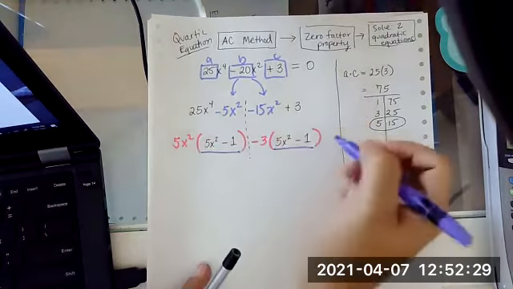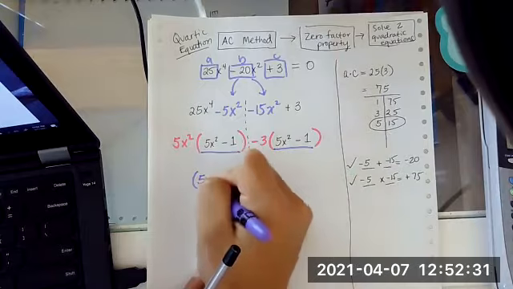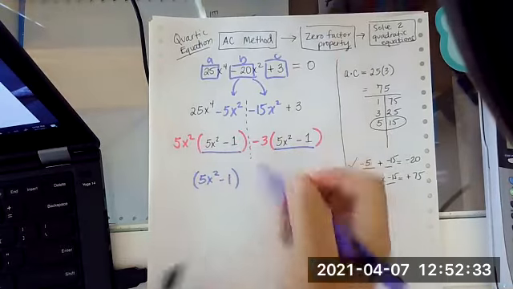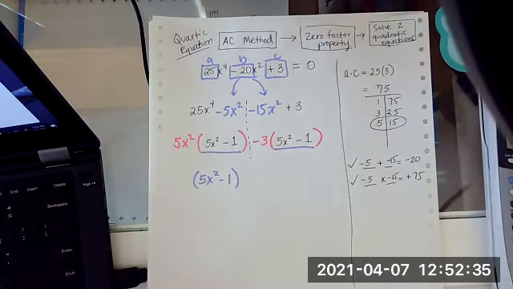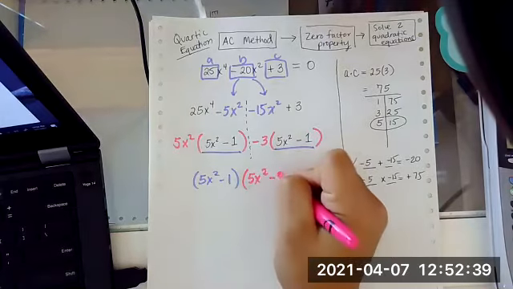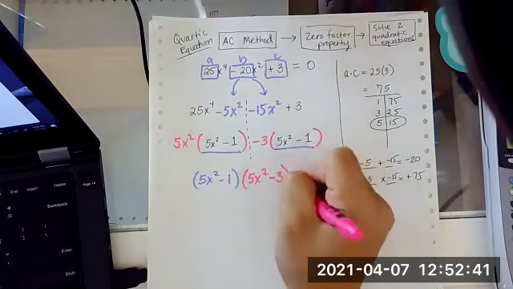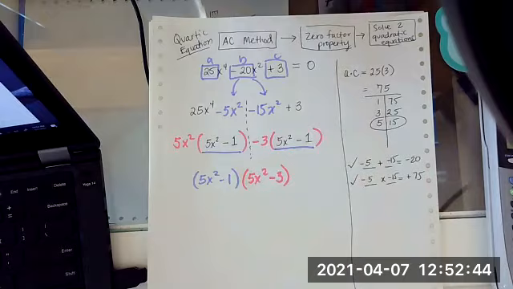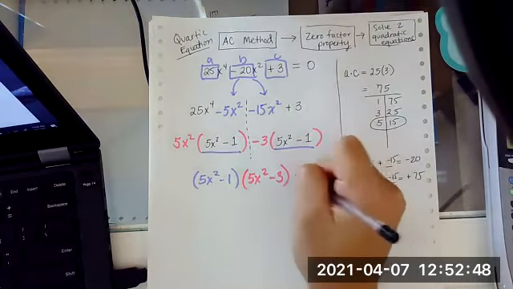Since these match, 5x squared minus 1 is one of our factors. 5x squared minus 3 is another one of our factors. And both of those factors are set equal to 0.